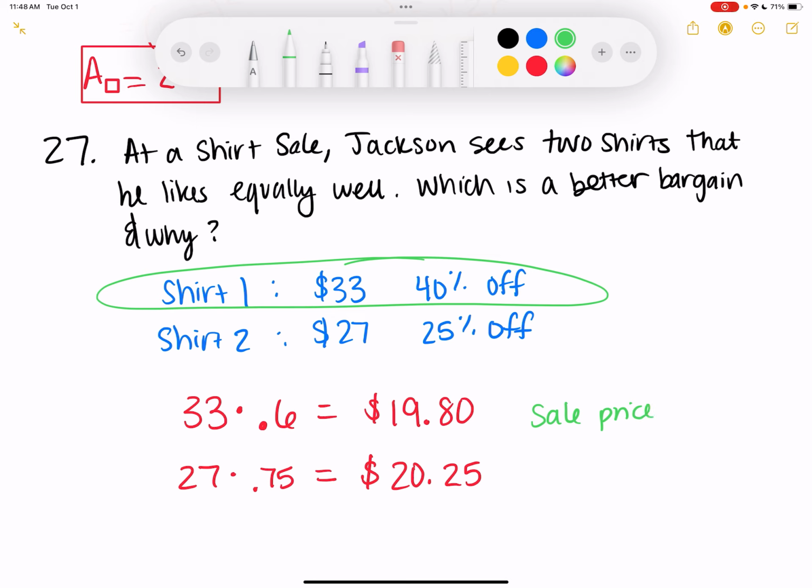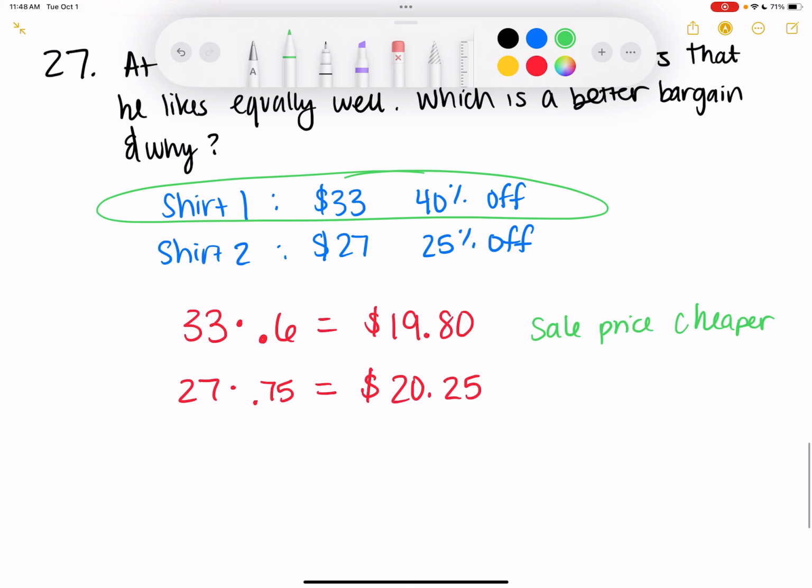What was the rule or the way to skip out on the subtraction, to do what I just did? The way that you've probably been taught to do it before, because this is the way most people teach it, is that you have a $33 shirt, you multiply it by 0.4, and that's going to give you $13.20.